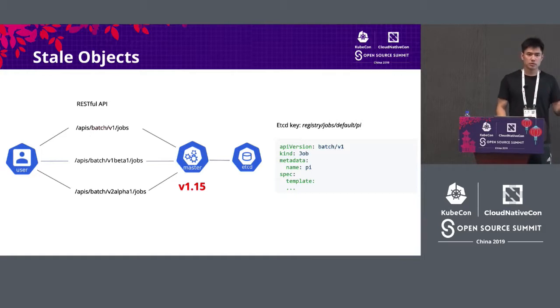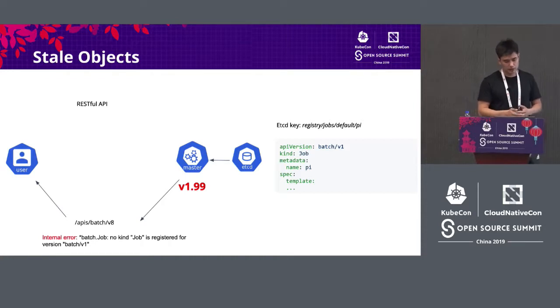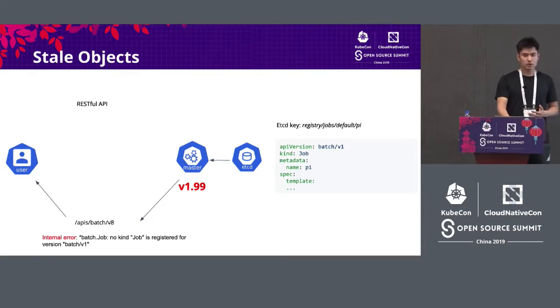However, suppose you forgot about this job. You never touched the job anymore, and one year later, your API server has been upgraded multiple times to, let's say, 1.99. It's an imaginary version. But at this time, the batch API can already be at v8.